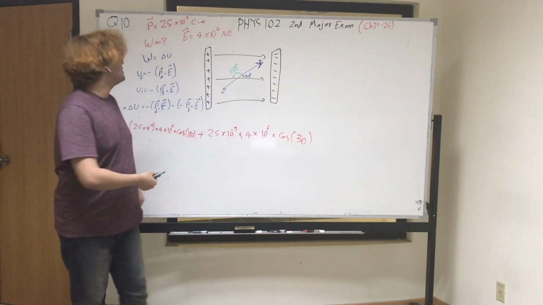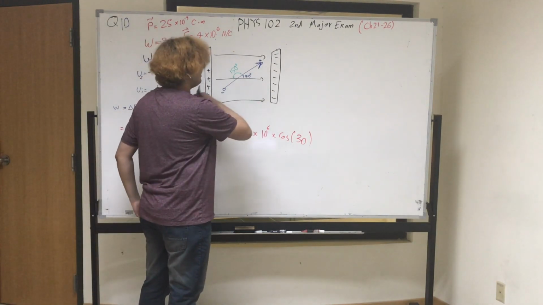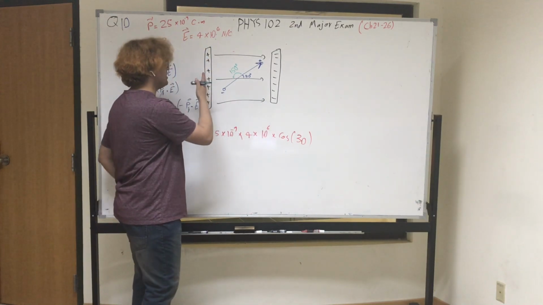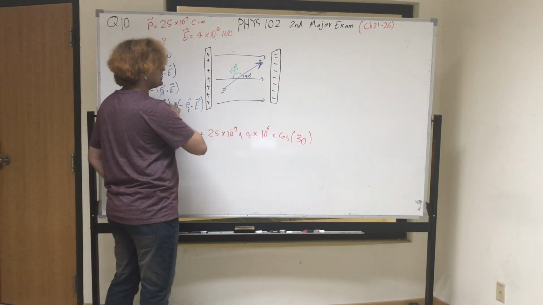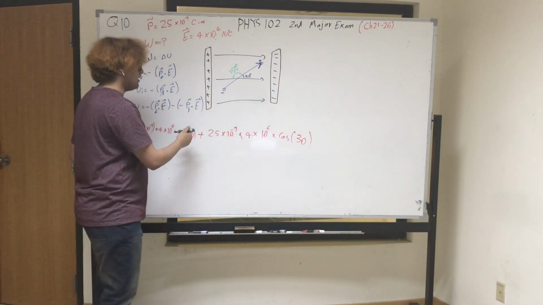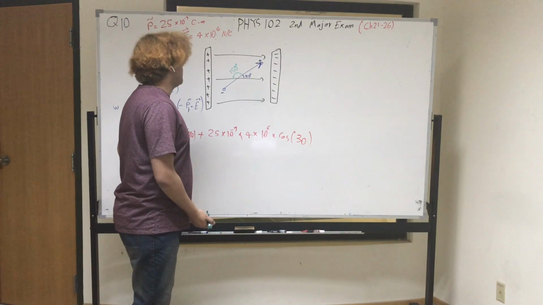Alright guys, so for question number 10, we have some sort of electric dipole, and we have some charged plates, like positive and negative plates. So we have an electric field. We have two plates like this, and one plate is positive and the other is negative, then we have some sort of electric field.